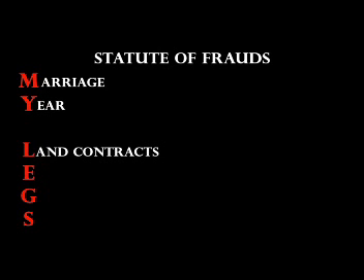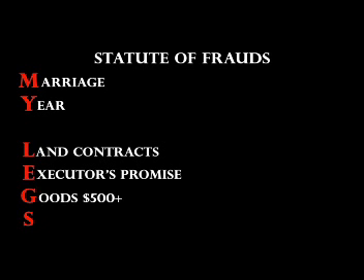The E stands for an executor's promise to pay the debts of the estate. The G in legs stands for goods, $500 or more under the Uniform Commercial Code. A sale of goods, $500 or more, has to be in writing.